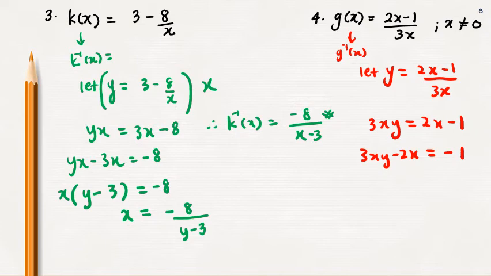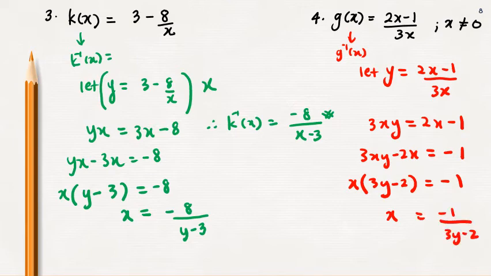Take out the same factor which is x outside. So tinggal 3y tolak 2 is equal to negative 1. So x kena jadi perkara rumus negative 1 over 3y minus 2. Okay, thus g inverse is replace y dengan x, negative 1 over 3x minus 2.